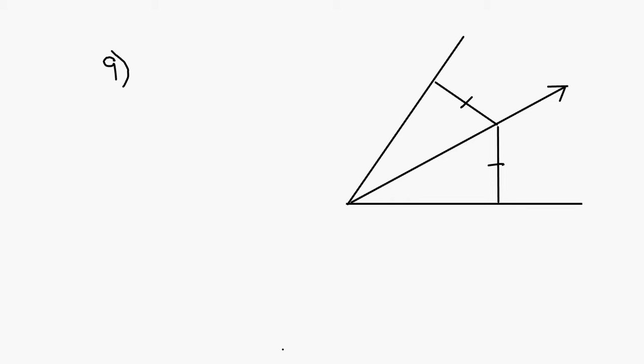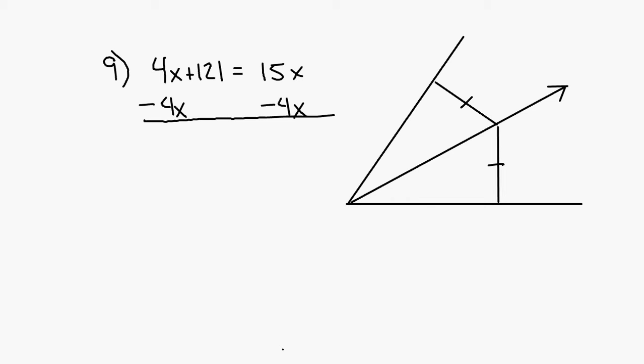So 4x plus 121 is going to be equal to 15x. It says to find the value of x, so you're subtracting 4x from each side. 121 equals 11x. Divide by 11. 11 equals x.